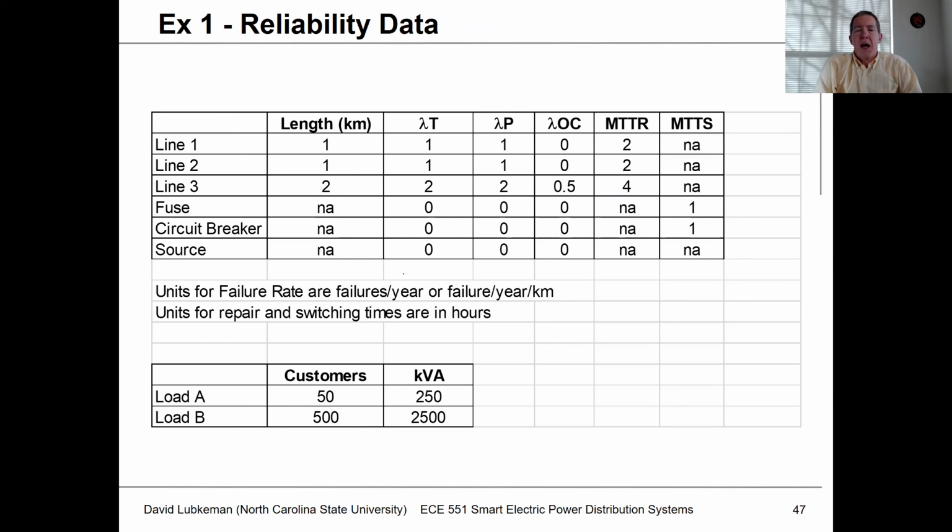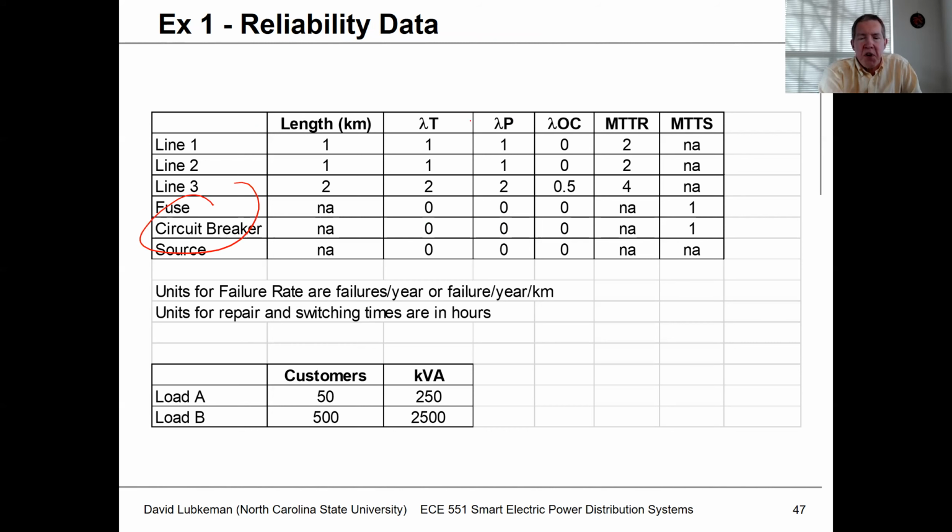So this is the reliability data for this particular scenario. I've got the 3 lines. They have line lengths in kilometers. The fuse, the circuit breaker, and the source are just going to have time to switch. In this case, we don't have distances associated with these elements.